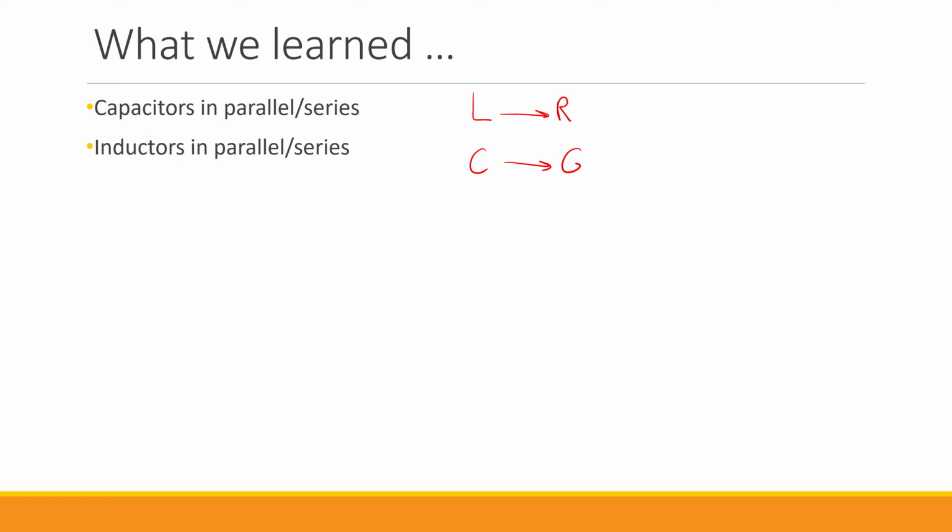Of course, you need to take into account that inductors have initial current, which in some cases becomes important. This was something we didn't have with resistors. Similarly, for capacitors we have the initial voltage, which was not present for the conductance.